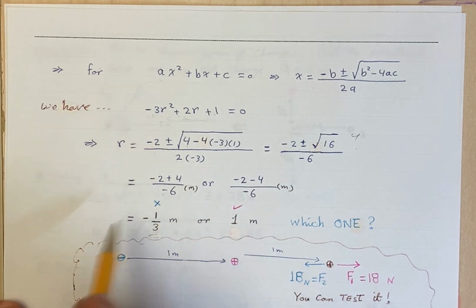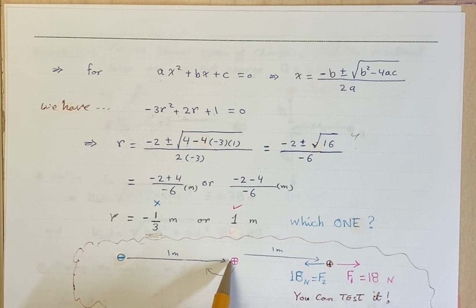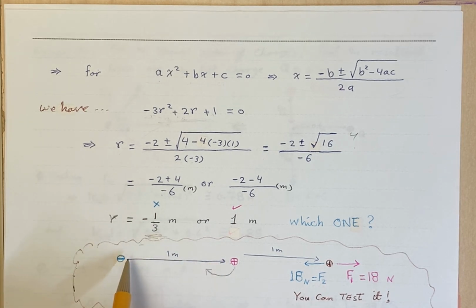These are two possible values of r. We measure r from the second charge or from the first charge to the right, which is this one. So if we consider the first value, which is negative third, it will be to the left of it. In this case, it will be in between. As we saw before, we don't have any balance in between.